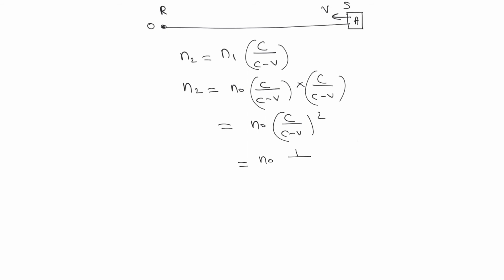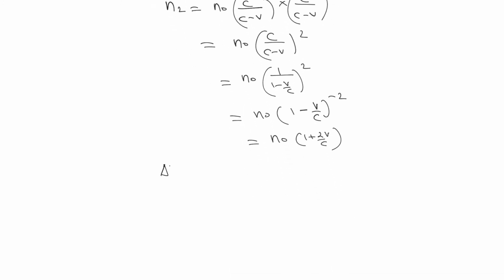That is n0 into 1 divided by 1 minus v divided by c the whole square, which can be written as n0 into 1 minus v divided by c raised to minus 2, which is nothing but n0 into 1 plus 2v divided by c.